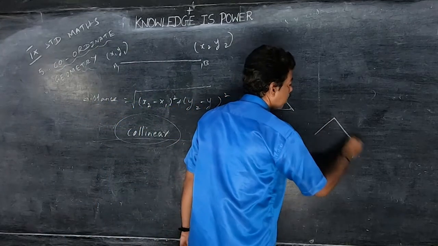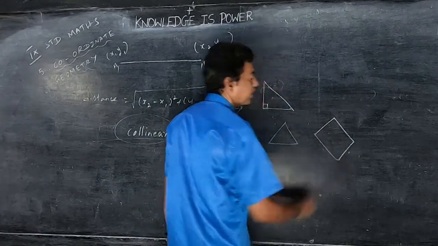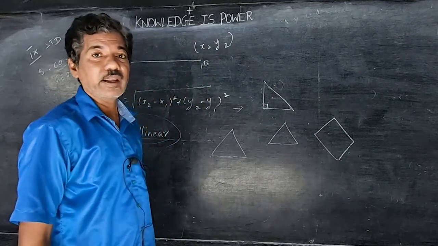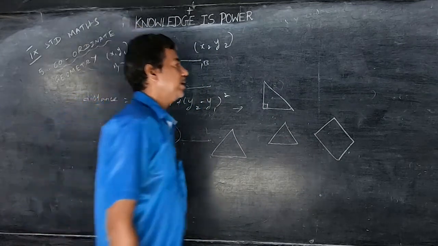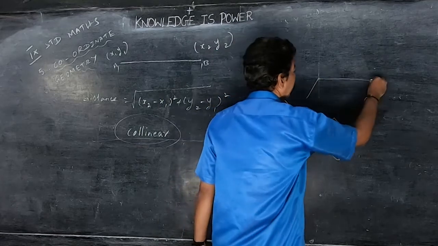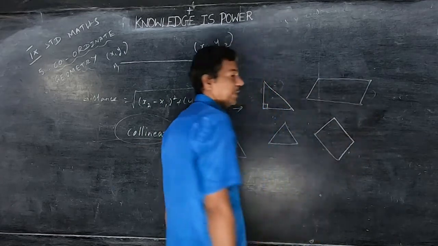Rhombus, if you look at it, all the sides are equal, like a square. Parallelogram, if we take a parallelogram, opposite sides are equal.